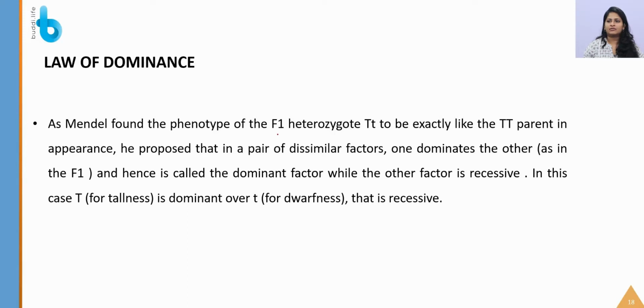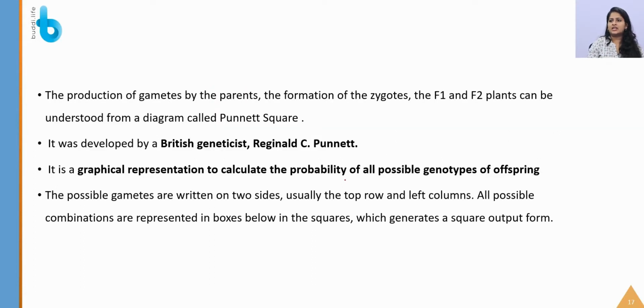As Mendel found, the phenotype of the F1 heterozygote is exactly like the tall parent in appearance. So yes, phenotype is nothing but the external appearance, and genotype is nothing but the genetic makeup.